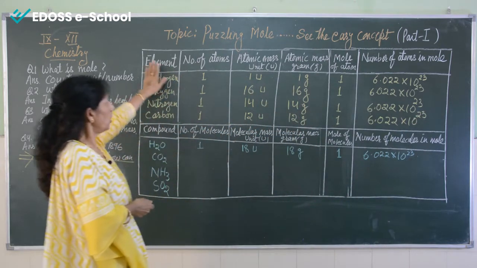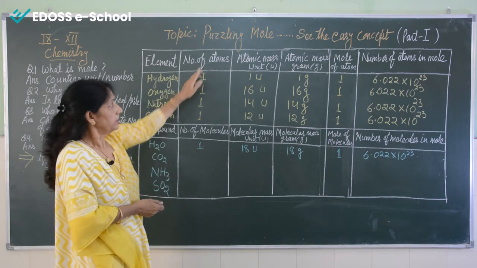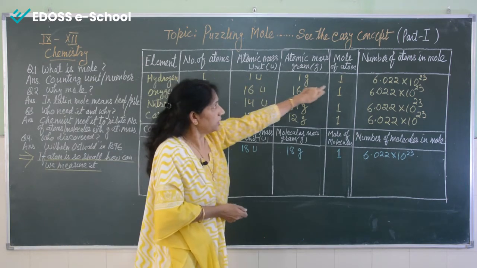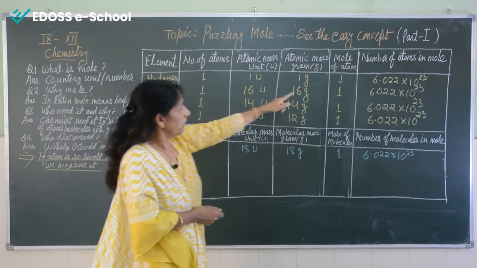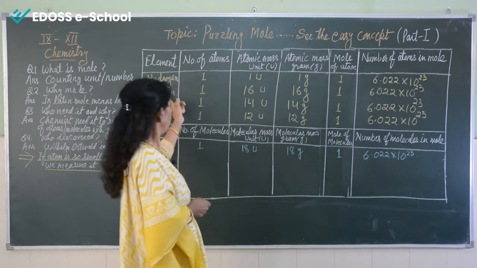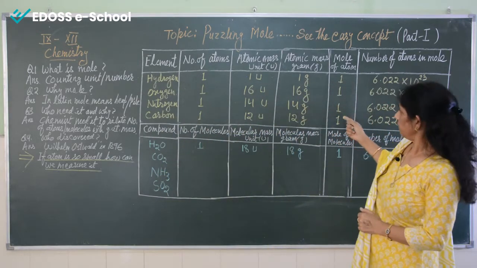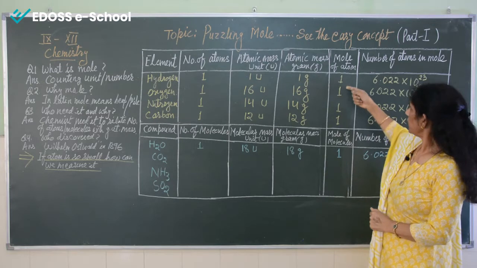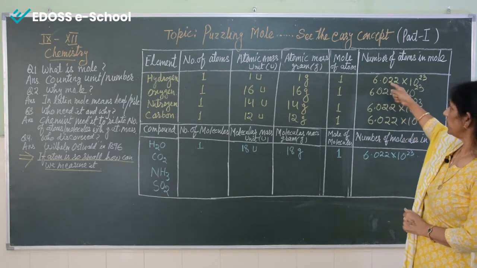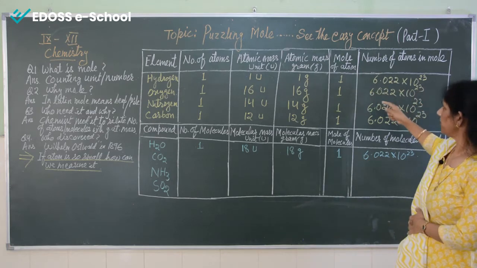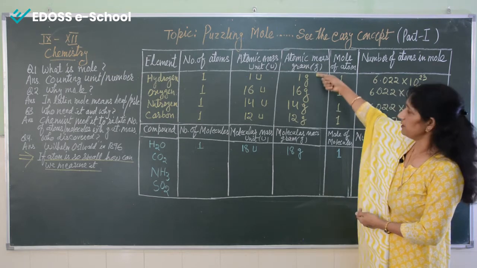Now this is all about the elements when we are counting the number of atoms. That means all these figures are the same. So we can say 1 mole of hydrogen, 1 mole of oxygen, 1 mole of nitrogen and 1 mole of carbon all have the same number of atoms, that means 6.022 into 10 raised to power 23, but their mass in gram is different.